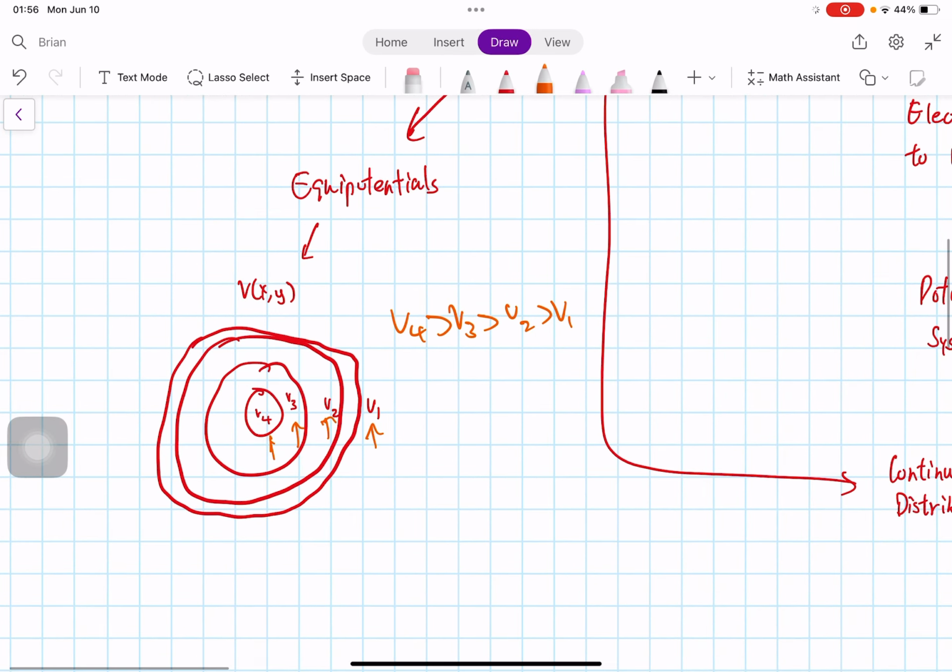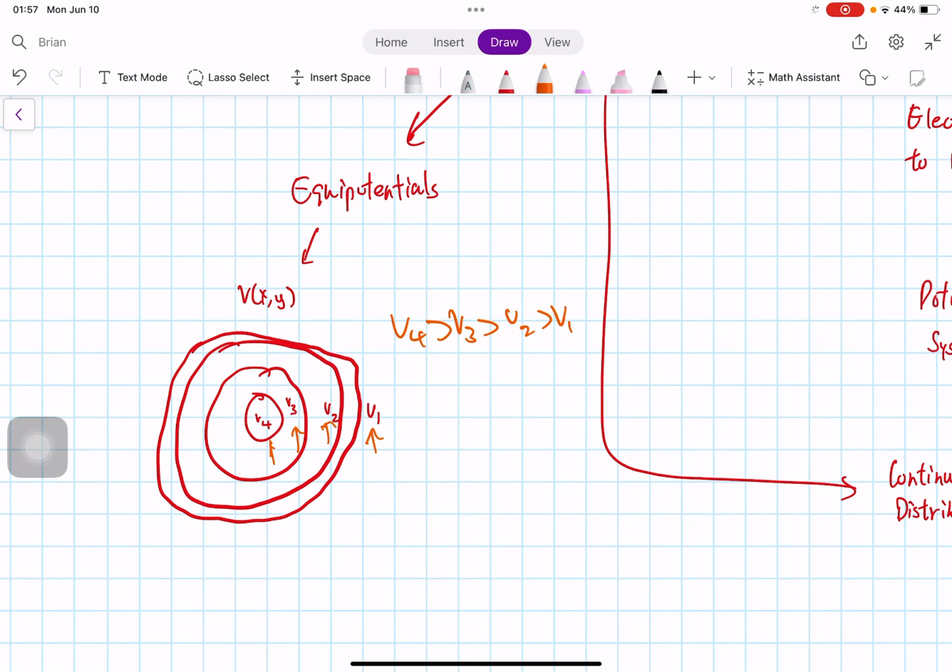there's also one interesting thing about equipotential map is that our electric field will always be perpendicular to the potential. So to illustrate, we could think an electric field at this point would go here.